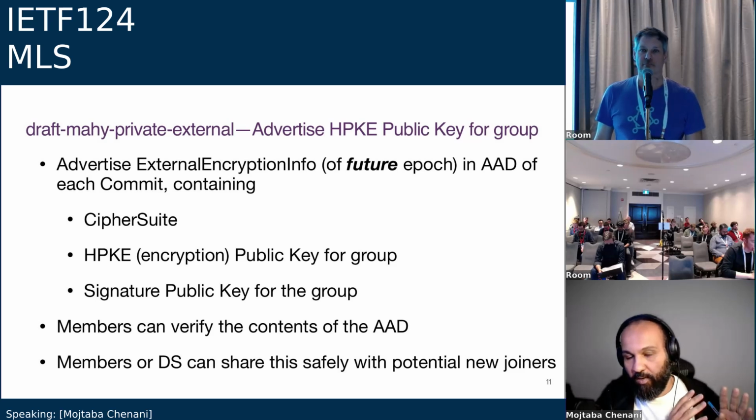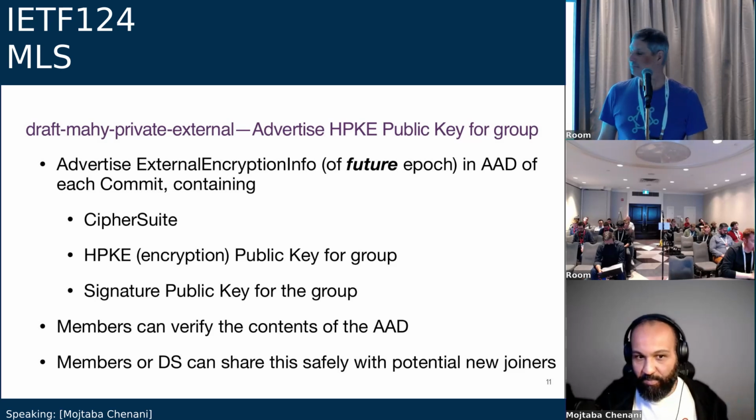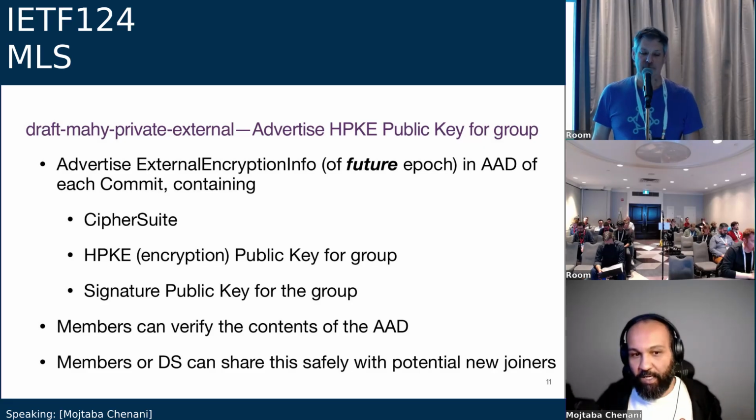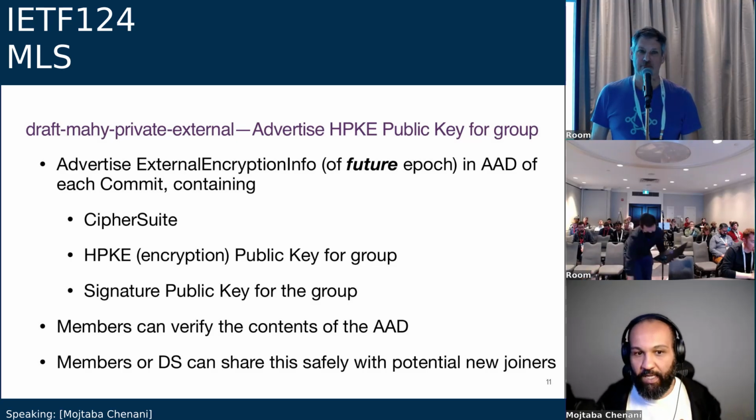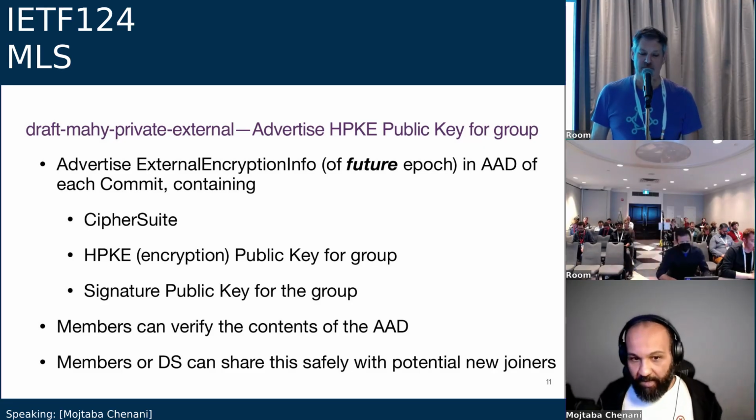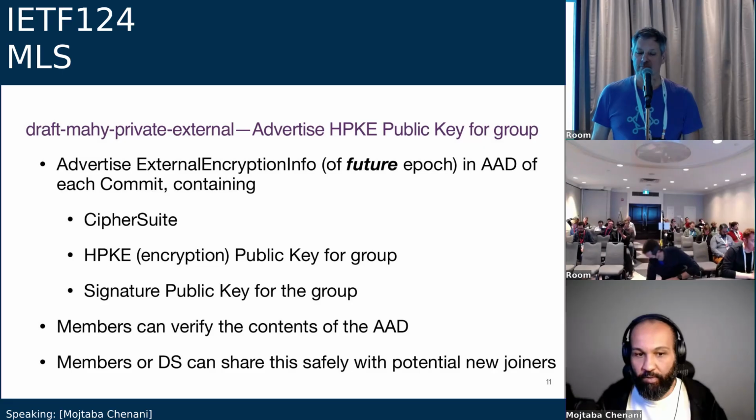Within that, the external join, because everyone needs to decrypt the message, we need it to be in the future epoch. The members can eventually verify the content of it, and the DS won't see or disclose anything, or get to know what's going on between those. So it's a private handshake basically.